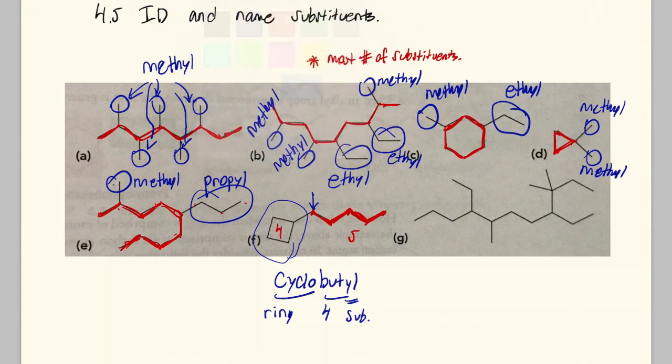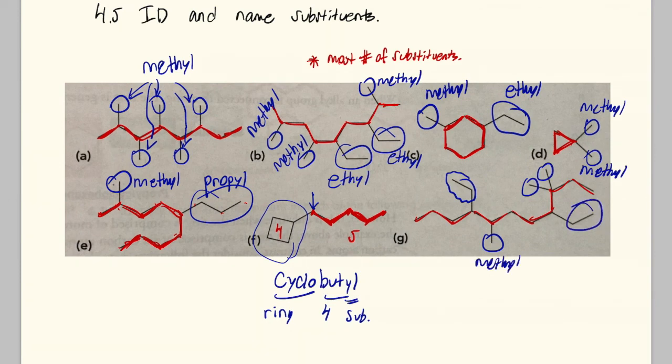All right, this next one looks pretty complicated. I think that's the longest chain that has the most number of substituents. So in blue pen here, I will highlight those. 2, 1, 1, 2.